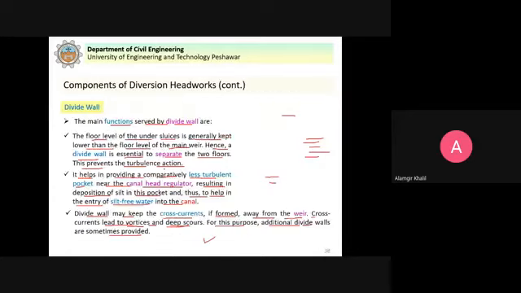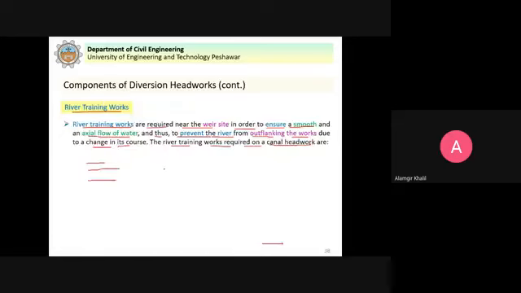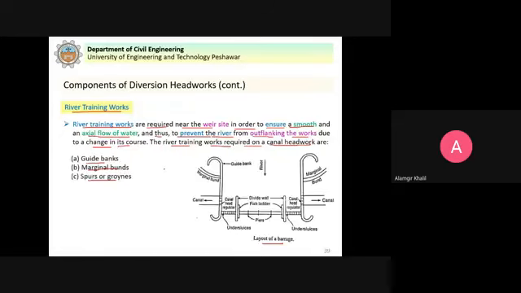So you can see here in this figure we have this canal here, we have these undersluices, and this is the divide wall. And we have another canal here, with undersluices and another divide wall here.